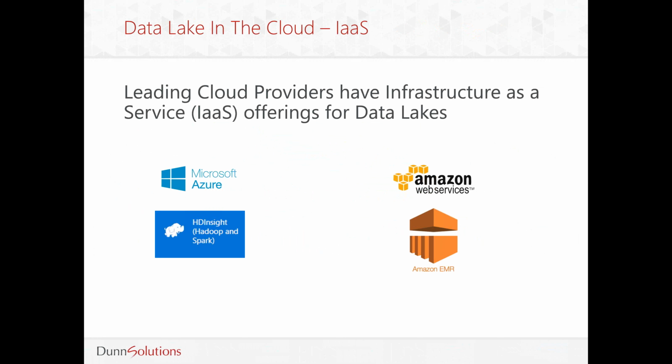Two leading cloud providers are the Microsoft Azure stack and Amazon Web Services. And both of these have what we call IaaS, Infrastructure as a Service, offerings for data lakes. Microsoft provides what they call HDInsight, which is a pre-configured system for building a Hadoop farm.